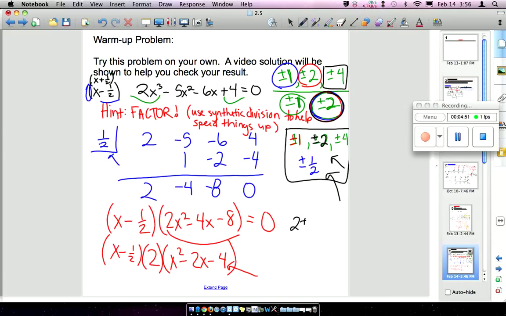Opposite of b plus or minus the square root of b squared minus 4 times a times c, all over 2a. So we get 2 plus or minus the square root of 4 plus 16, all over 2.